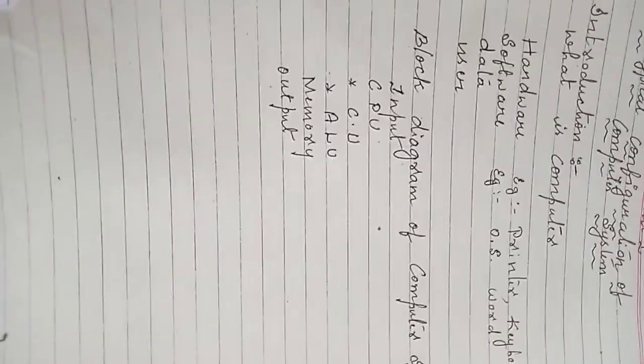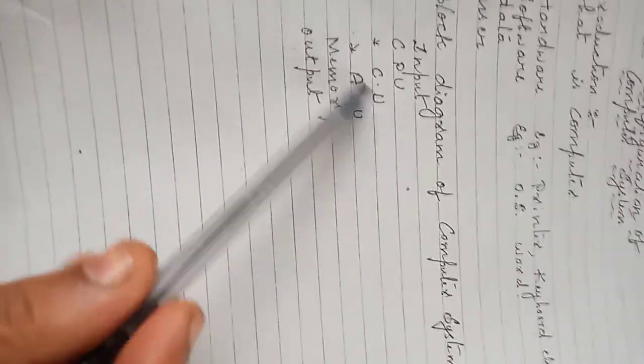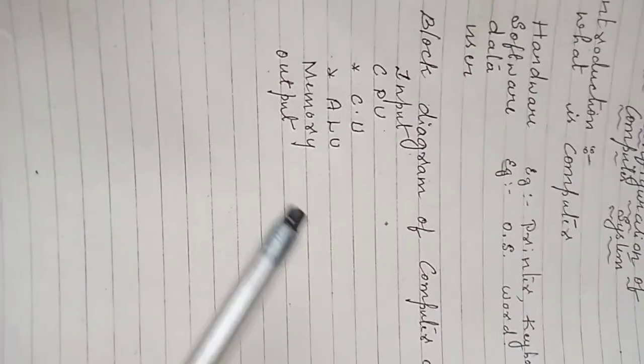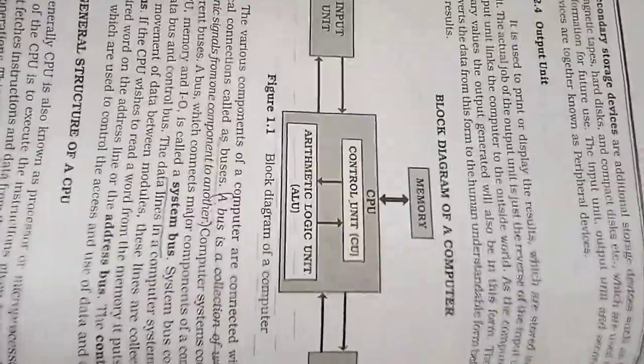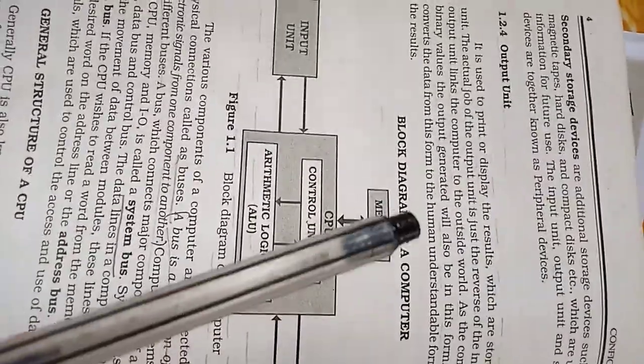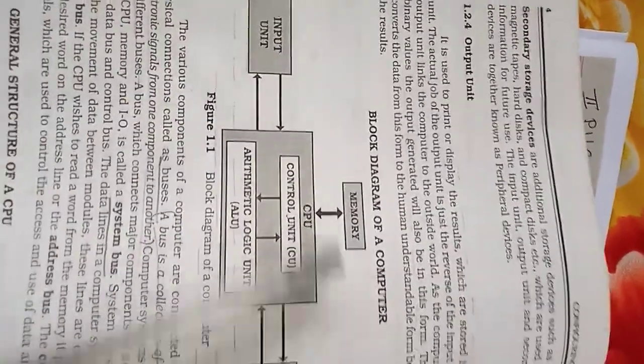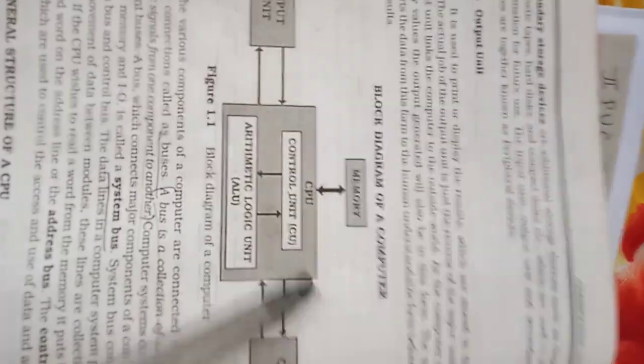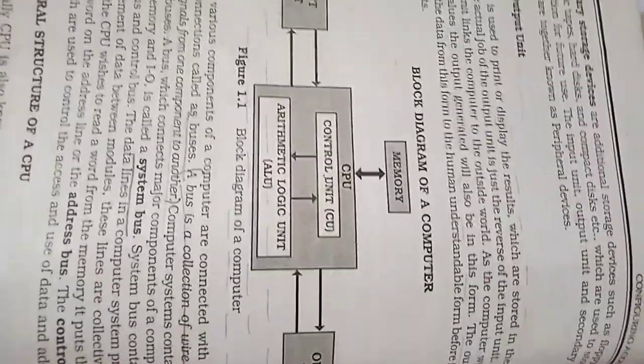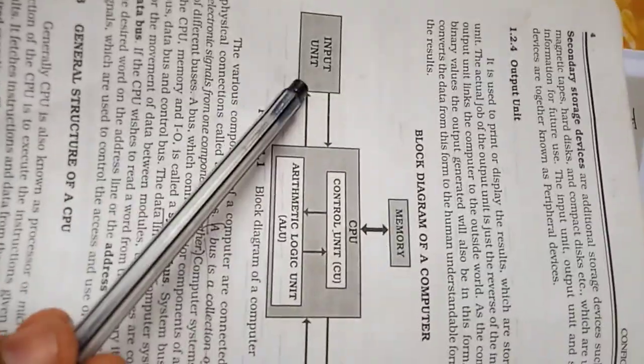Okay, and we have the block diagram of a computer. Let us see what the block diagram is. This is the block diagram of a computer. First we have the input unit, next we have the memory unit, and last we have the output unit, right? So what is input?